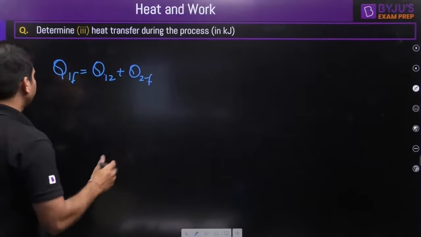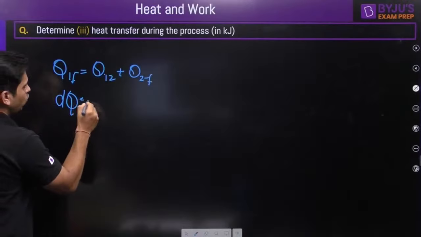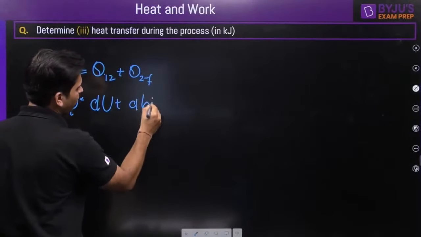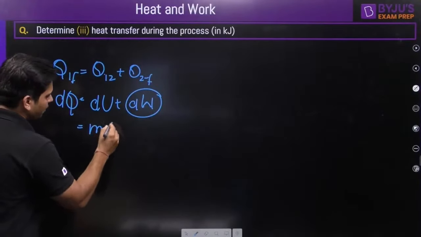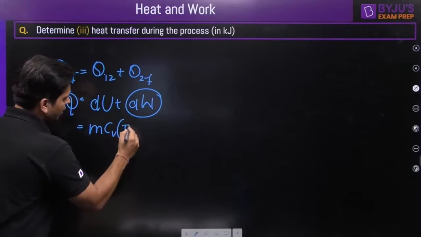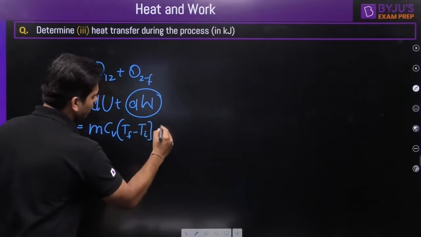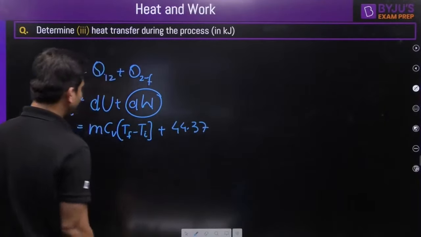Can you do that? Now I can also say that dQ is equal to dU plus dW, because I have already calculated the work. And it is m Cv (T final minus T initial) plus the work, 44.37.